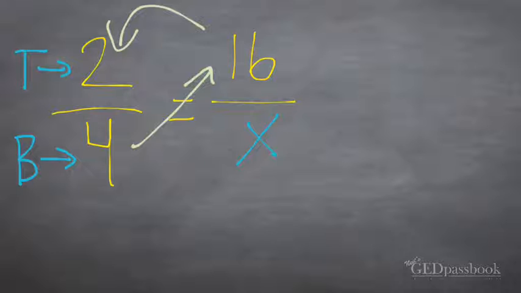What's 64 divided by 2? 64 divided by 2 is 32. Guess what? You just found the missing piece.